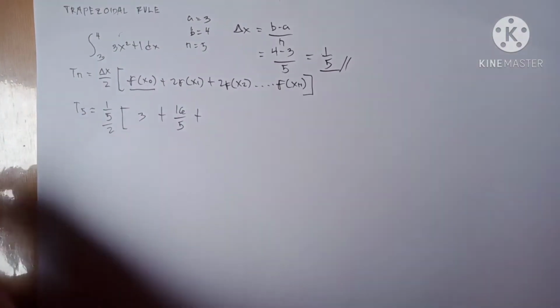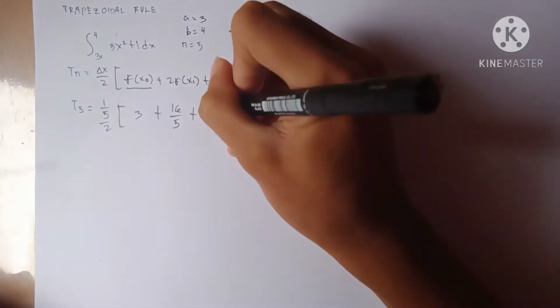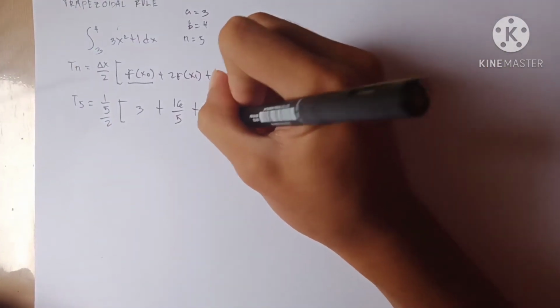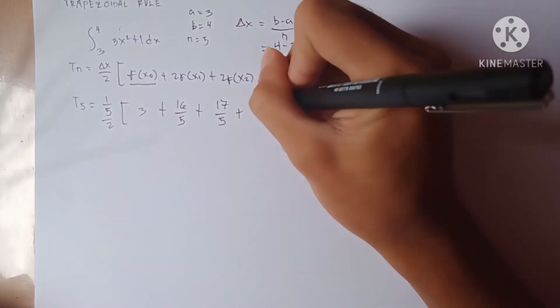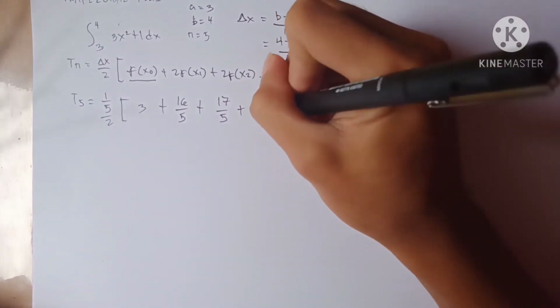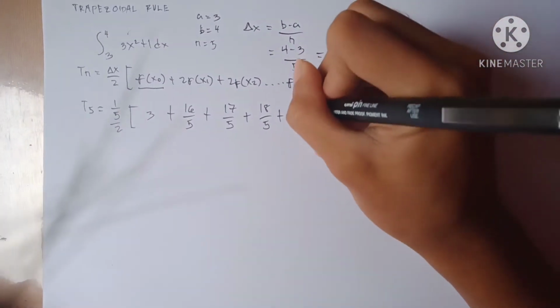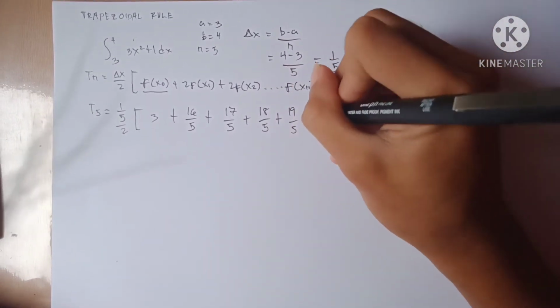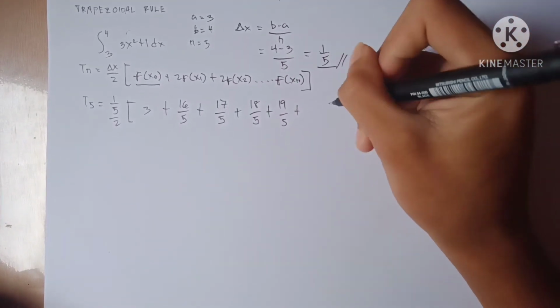So meron tayong 17 over 5. Then next add 1 ulit, 1 over 5 ulit, 18 over 5, add then 19 over 5 plus, then the last term yung b natin which is 4.